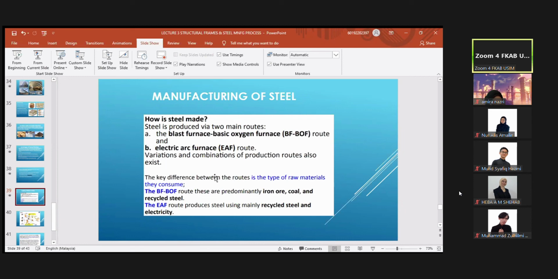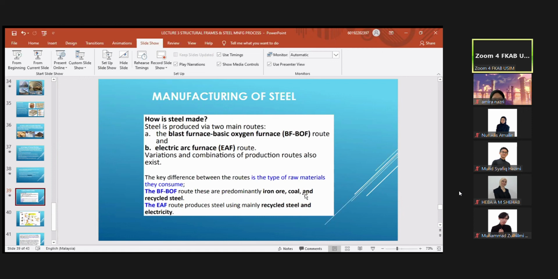The key difference between the routes is the type of raw material they consume. There are two types. The first one, the basic oxygen furnace, BOF, basically uses iron ore, coal and recycled steel. Then the EAF route produces steel using mainly recycled steel and electricity.